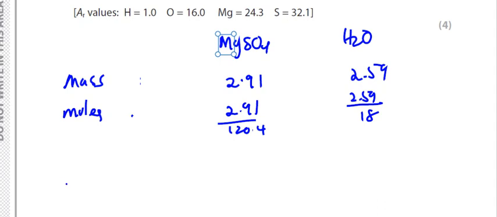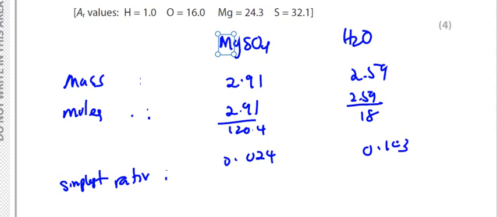You get the moles, and then you have to work out the simplest ratio to get the value for X. So 2.91 divided by 120.4 is 0.024, and 2.59 divided by 18 is 0.143.